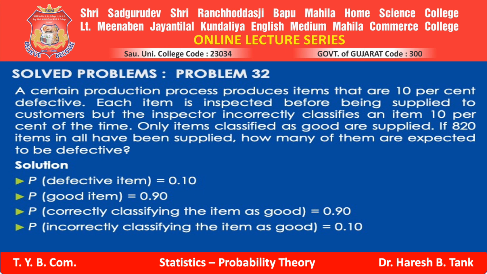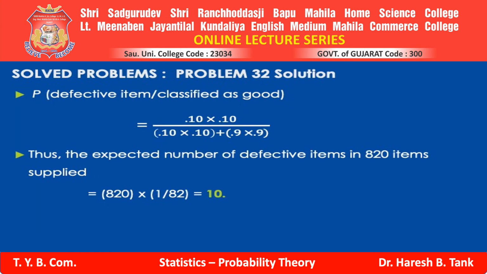All these probabilities are given to you in the example itself. Now, probability of a defective item where it is classified as good becomes 0.10 multiplied by 0.10 divided by (0.10 multiplied by 0.10 plus 0.9 multiplied by 0.9).